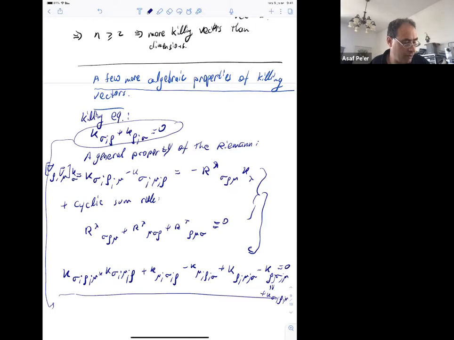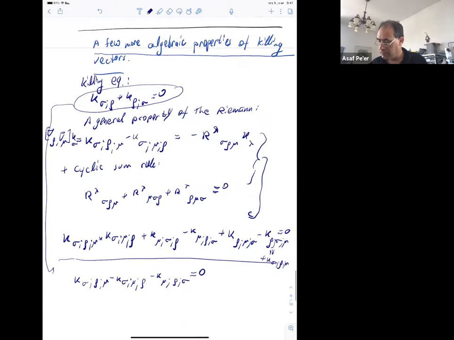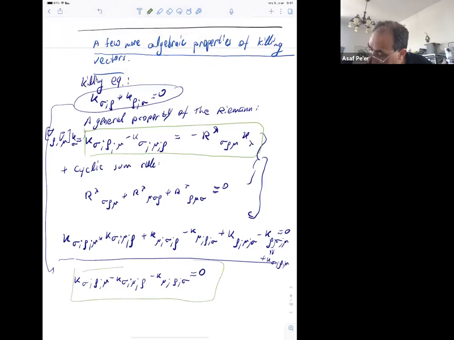So combined together, we end up with K sigma rho mu minus K sigma mu rho minus K mu rho sigma is equal to 0. Okay, just use the Killing condition here. And then I can use that again with this equation here. Combine it with this one.